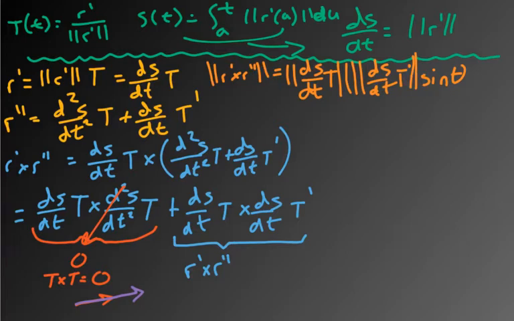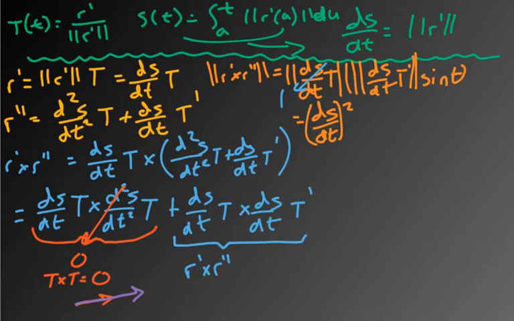Some of this can be simplified because you can take a ds dt out of both of these. So you would have a ds dt squared. And then you would have the magnitude of t here, but the magnitude of t is really just 1, because by definition its length is 1.